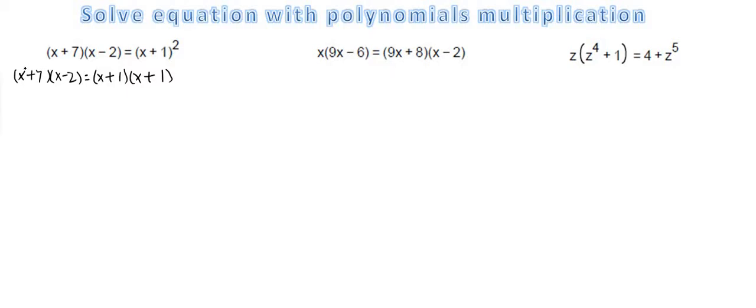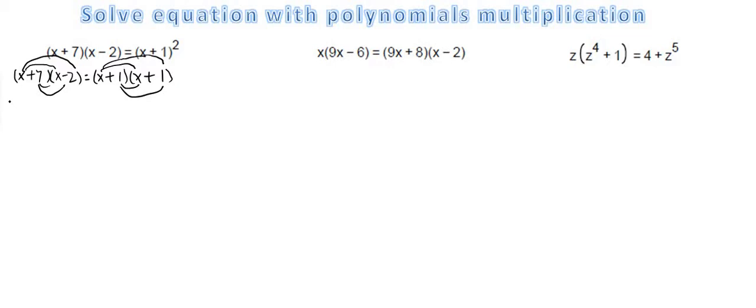So for x, we have x times x, x times negative 2, 7 times x, 7 times negative 2, and here x times x, x times 1, 1 times x, 1 times 1.